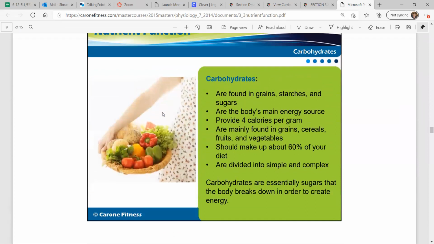Now, carbohydrates, you can find carbs in grains like rice, oats, starches, think potatoes, squash, and sugars, so think fruits, and some vegetables too, are the body's main energy source, and carbs provide 4 calories per gram. And we mainly find these in, like we said above, grains, cereals, fruits, and veggies, and they should make up about 60% of your diet.